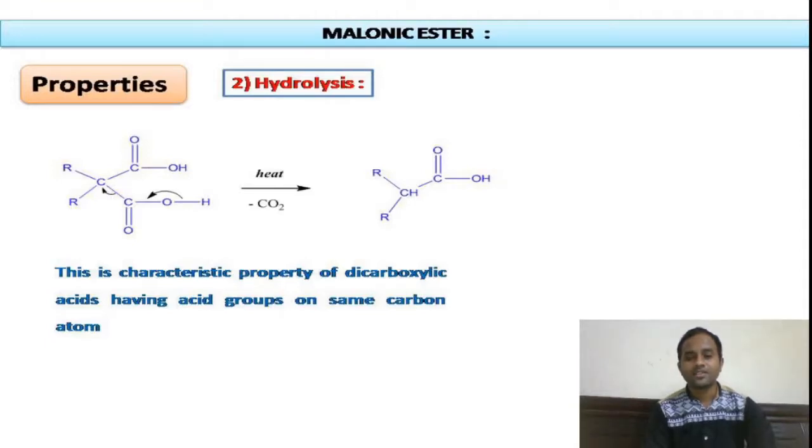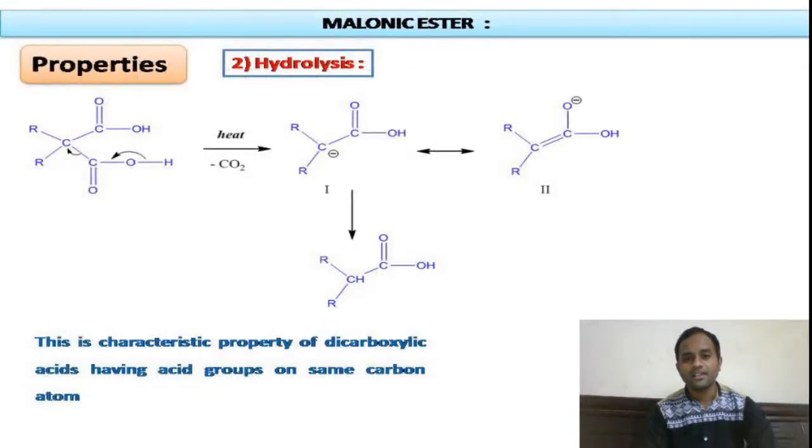Why does this decarboxylation take place easily in such dicarboxylic acids having acid groups on the same carbon atom? What is the reason? You can see the reason. By losing the carbon dioxide, there is a formation of a stable carbanion. The carbanion formed after decarboxylation will form two resonance structures.